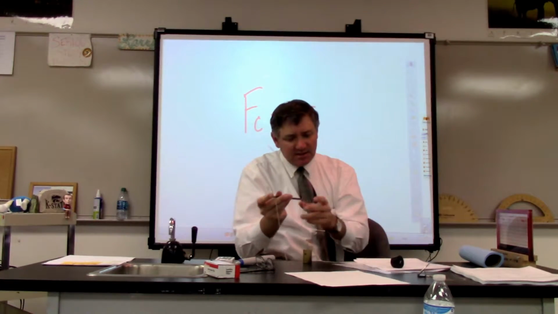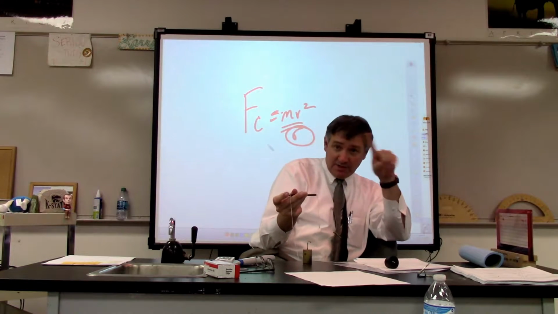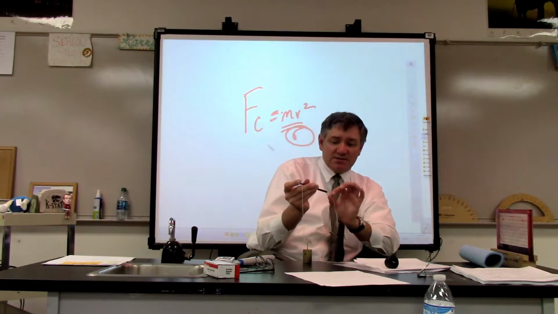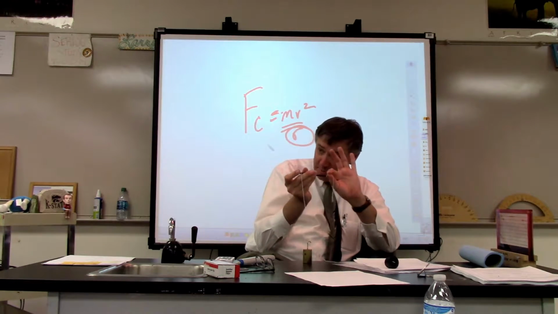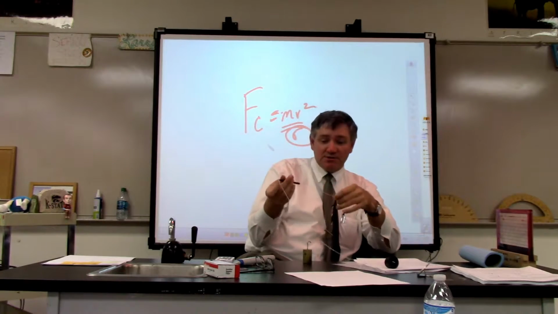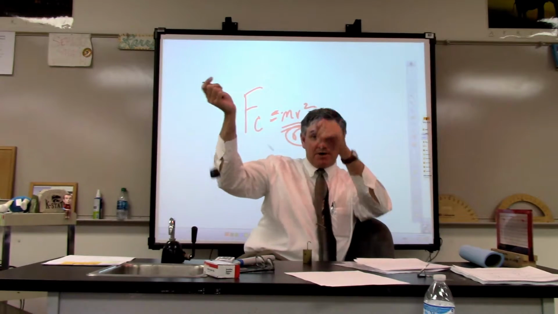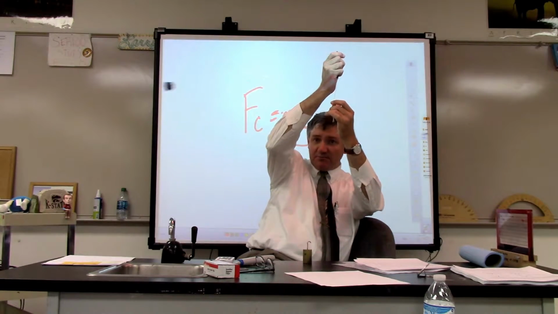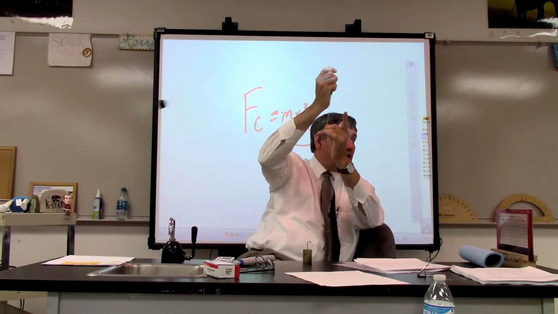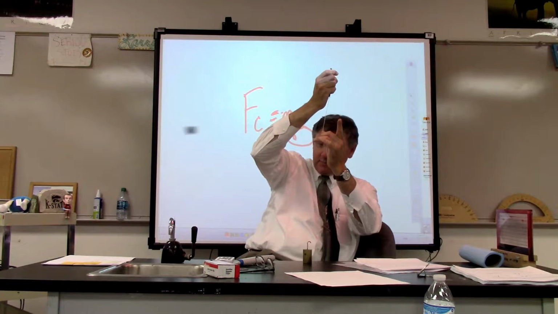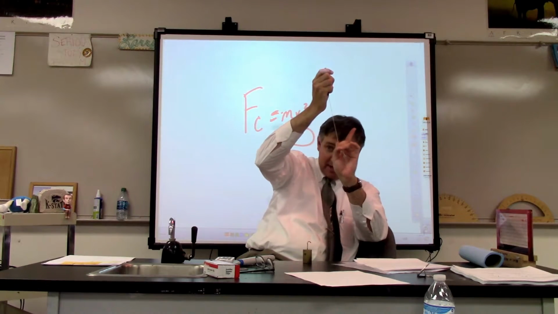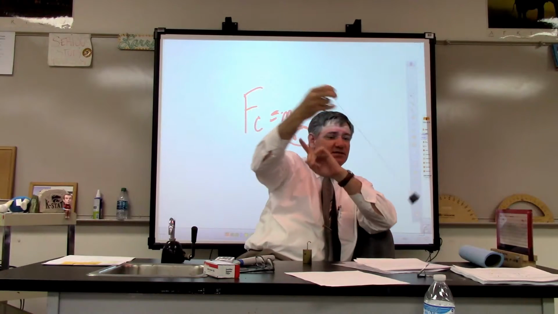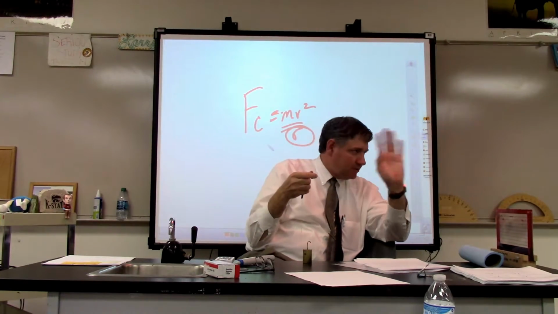Then the easiest thing to do, and I've got different colored markers back there, is to make a mark on the bottom side of the string. That way, when that mark gets to a certain point, you know you're at that particular radius. That's the easiest way to do it. Home run deal.